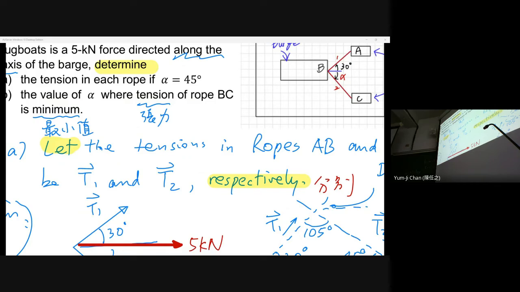So we don't know the value of alpha, but we will try different values of alpha, and we want to get a value of alpha such that the force in this rope is minimum. Okay. So how should we do this?